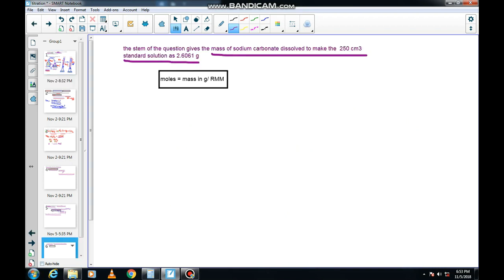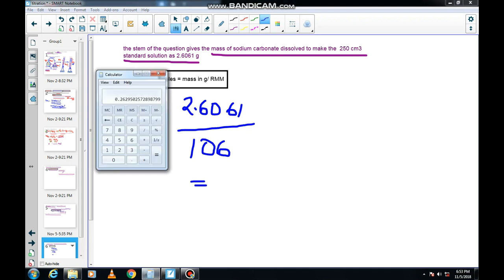Applying the formula, moles is equal to mass in grams over the relative molecular mass. The mass is 2.6061 grams divided by the relative molecular mass given as 106, and when we press the calculator we get the answer 0.024585.